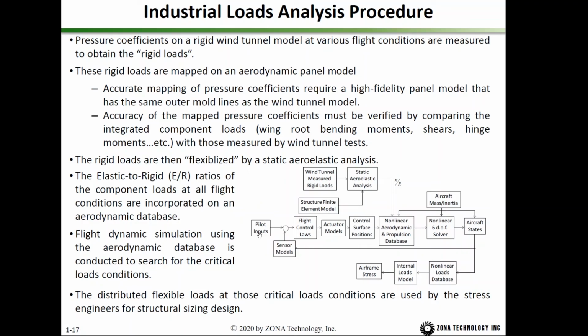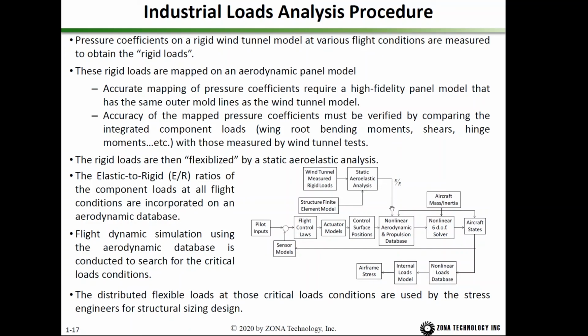So you give a pilot input, and going through the flight control law, the flight control law deflects the control surface through the actuator. Then based on the current airframe states, you go into the nonlinear aerodynamic and propulsion database to interpolate the aerodynamic forces and moments. But this aerodynamic database is usually measured by wind tunnel test on the rigid aircraft.